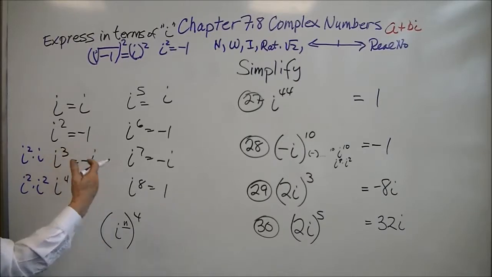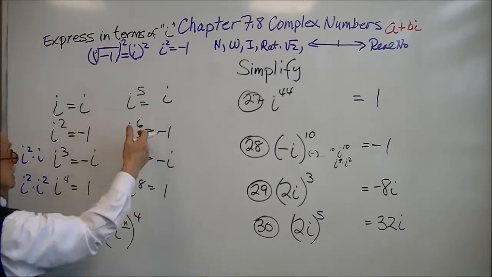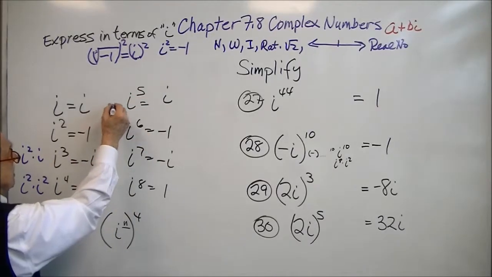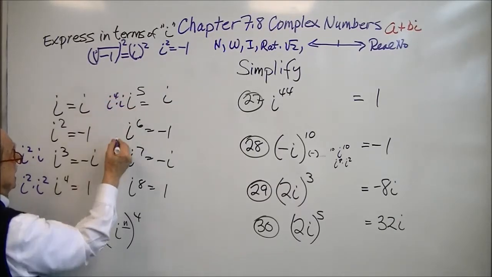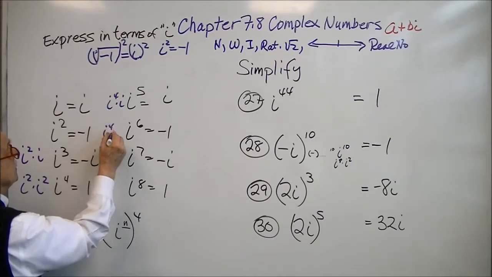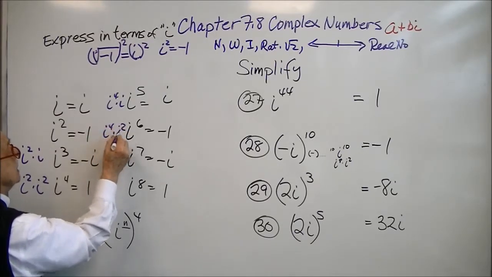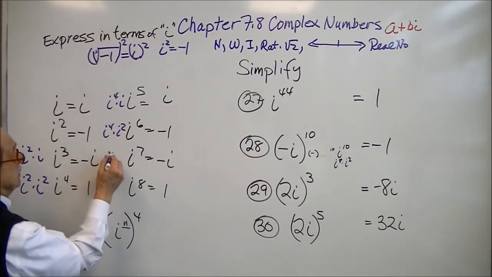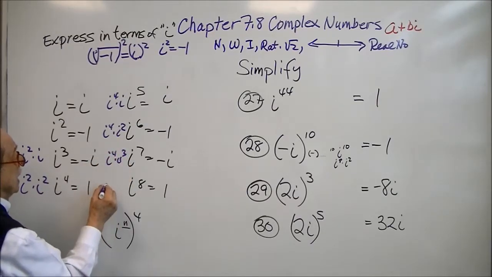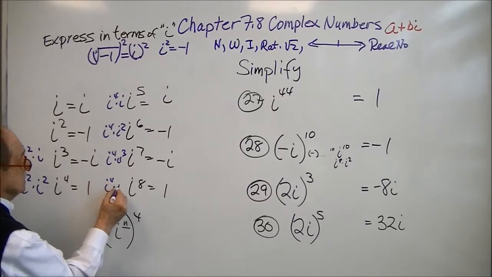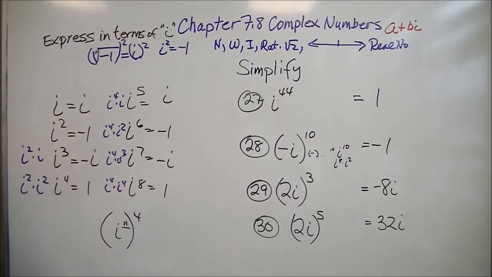Now as we go to the next level, i to the fifth, sixth, seventh, and eighth, remember that we can think of this as i to the fourth times i, i to the fourth times i squared, i to the fourth times i to the third, and then i to the fourth times i to the fourth.